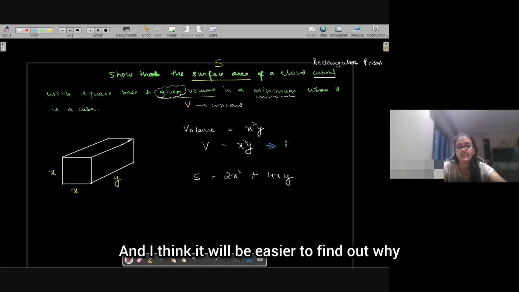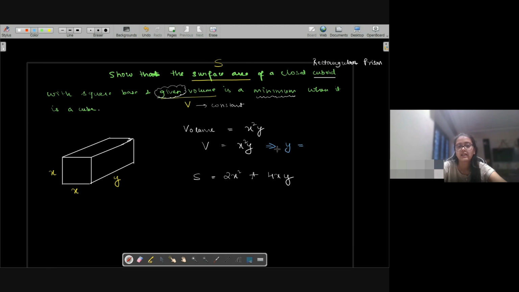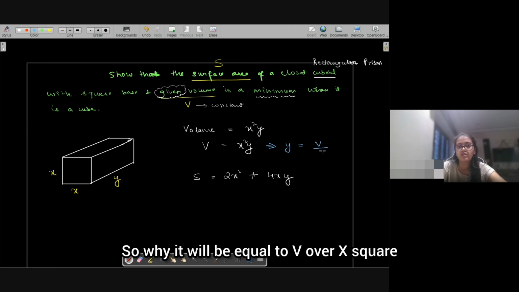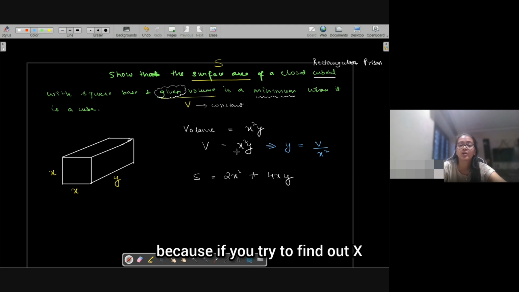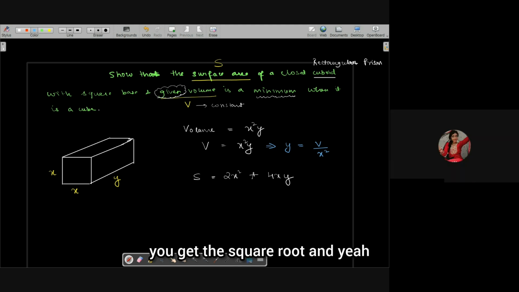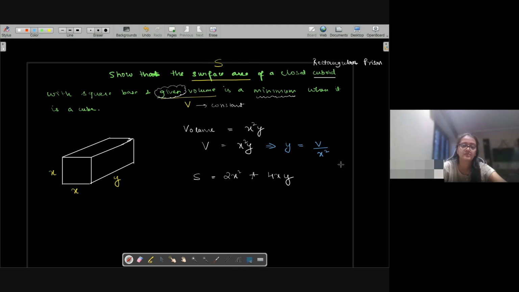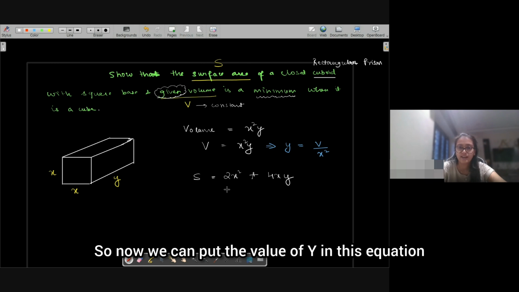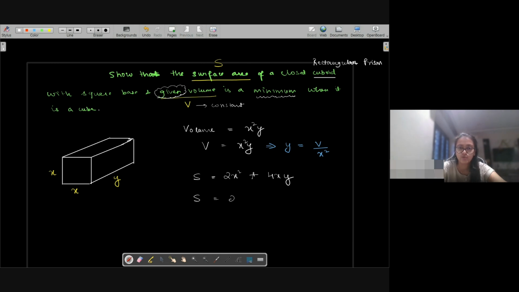And I think it will be easier to find out y. So y will be equal to v over x squared. Because if you try to find out x, there'll be a square root. So now we can put the value of y in this equation. So s is equal to 2x squared plus 4x times v over x squared.